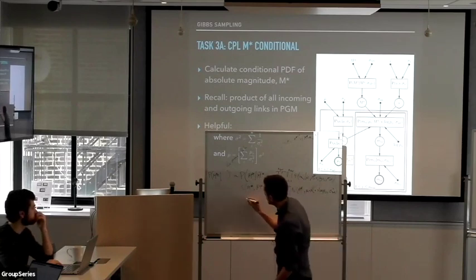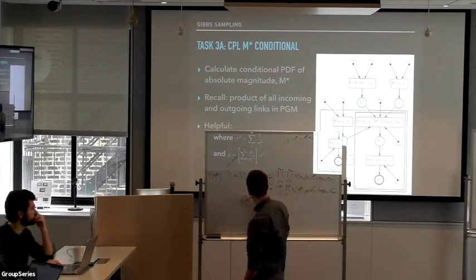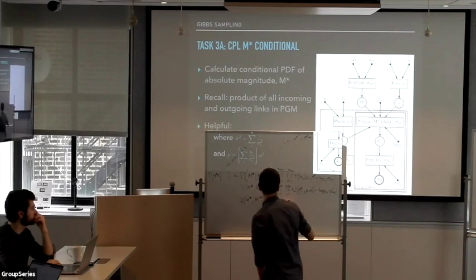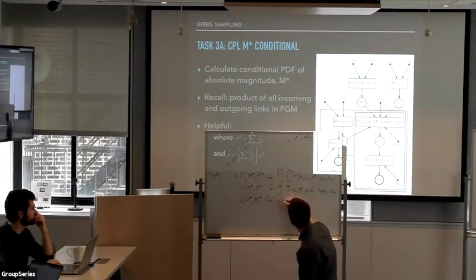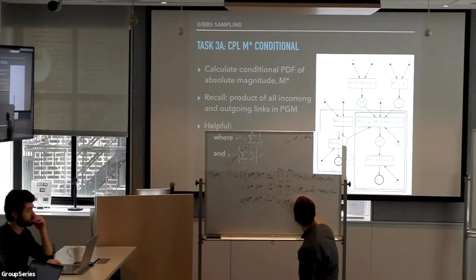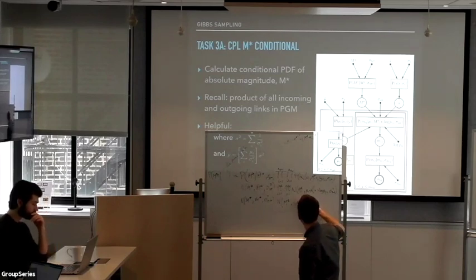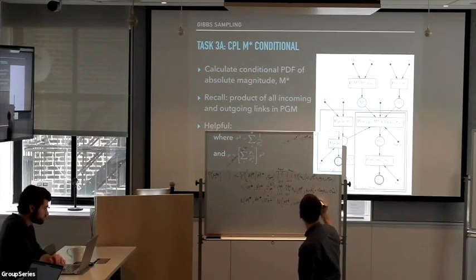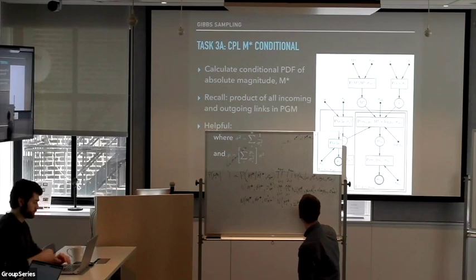So this ends up being a normal in m star with mean, the sum over i and j of all of these estimates of the mean, and variance sigma int divided by the number of estimates.